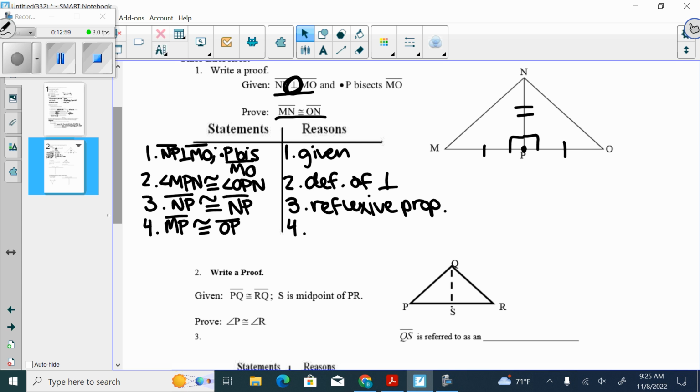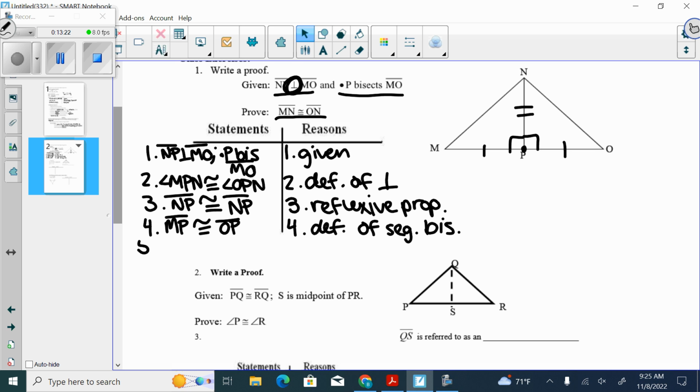And what would my reason be there? Good. Definition of segment bisector. So this one did mention bisector, right? It said P bisected that line segment. Good. Okay. And you guys said that this is enough to say that my two triangles are congruent.